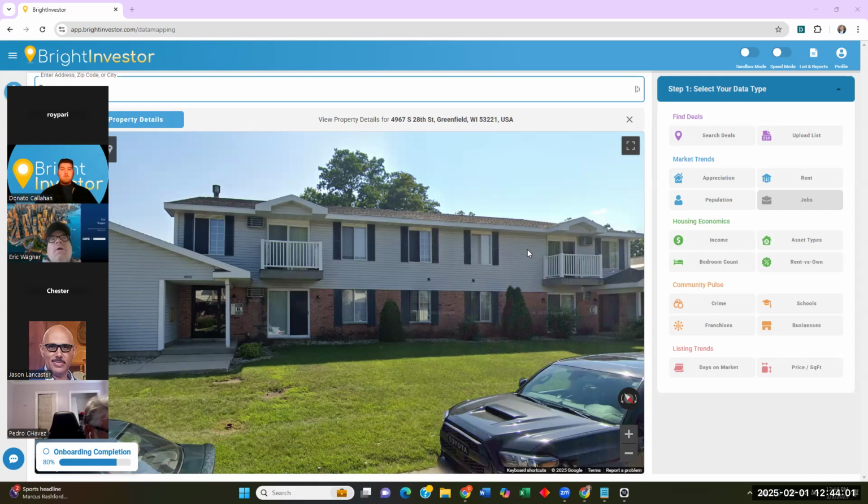What's the correlation between the $1,000 and the $65,000? It's kind of a play on the 1% rule, where people will tell you, buy a $100,000 property and it'll rent for $1,000, great deal. I'm very familiar with the 1% rule.